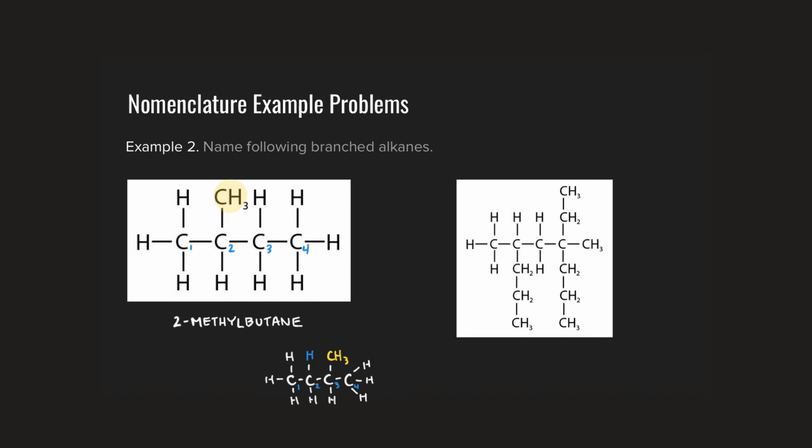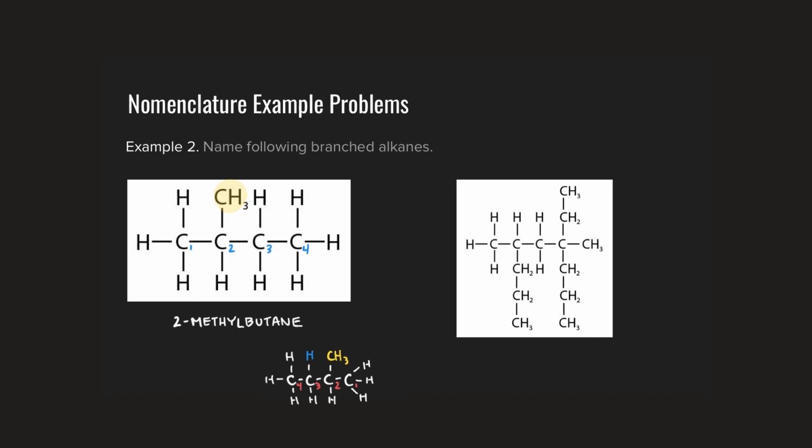That is still 2-methyl butane, because by moving the methyl group from this carbon to this carbon, all I've really done is change which carbon I'm going to label as carbon number 1, which essentially tells me I could just rotate that molecule in three-dimensional space and end up with the exact same thing. So again, this would be referred to as either methyl butane or 2-methyl butane. Putting that 2 in there is going to add some clarity, but not really change anything about the actual structure of my molecule. So that again is 2-methyl butane.